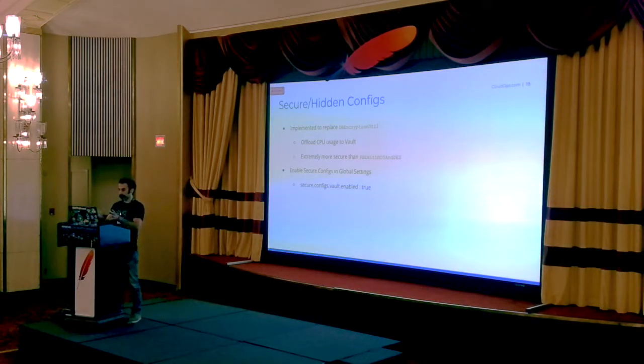Unseal means that Vault is now open for communication and connection with the client. So when an attack happens, the only thing you need to do is just go ahead and seal the Vault. That's it. They have the code in the GitHub repository, they have the database, everything is there.